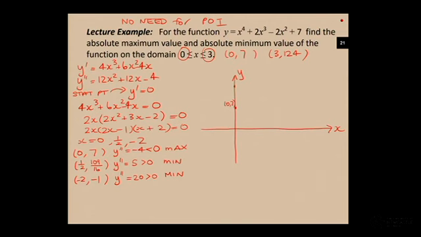See that 3 guy here? Oh, I know what happens. This is my min down here. Here is my min. It's going to be at a half and 109.16. So there's my min, there's my max.